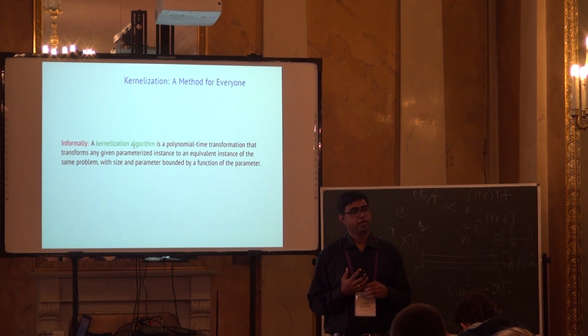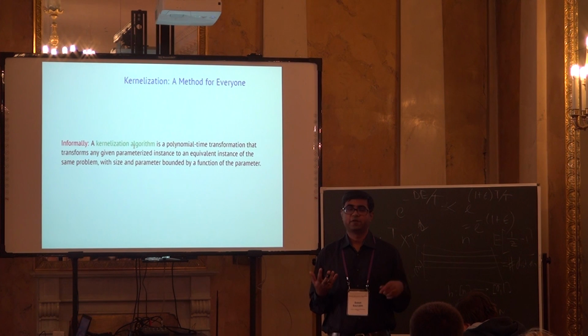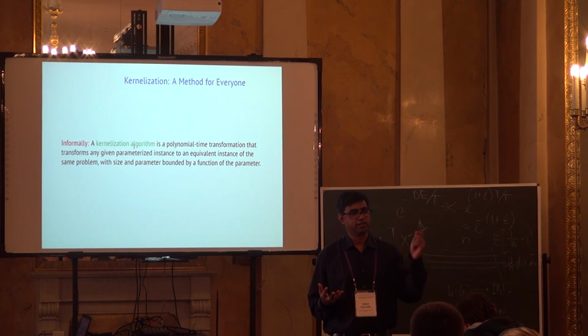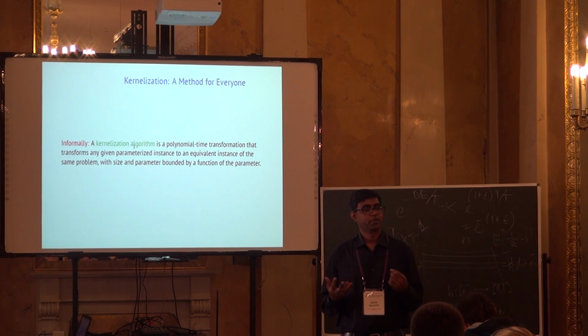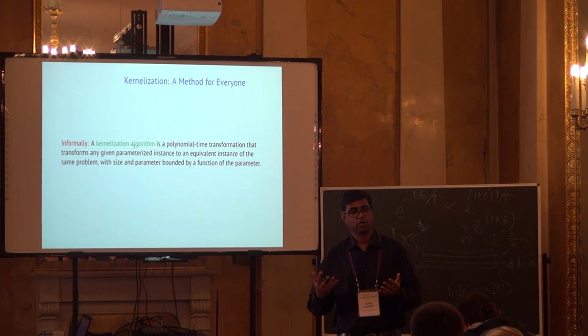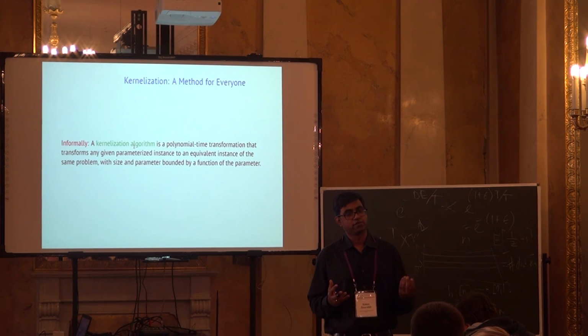For example, look at a SAT formula. If a literal occurs all positively, then do we need to worry about it? No, we just set it to true and reduce the instance to something smaller. If some literal occurs all negatively, then we do something accordingly. So we always use preprocessing, a polynomial time algorithm, to reduce the input size.